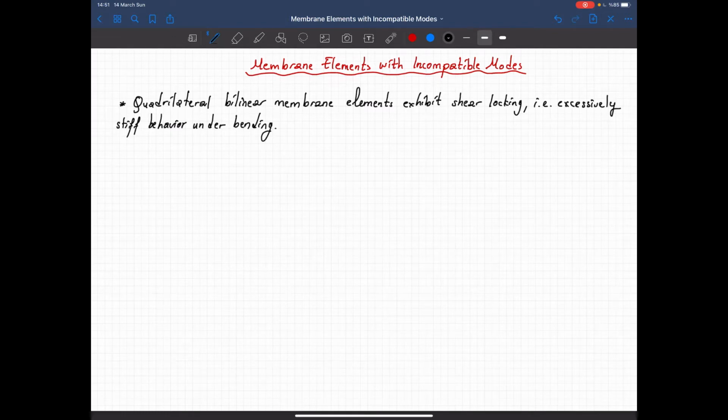Now, since the reason of this excessive stiff behavior is the linear displacement interpolation, in order to overcome this problem, we can introduce higher order terms.